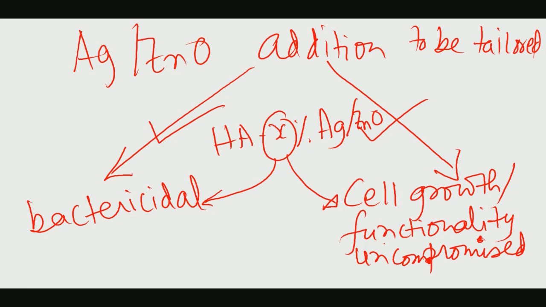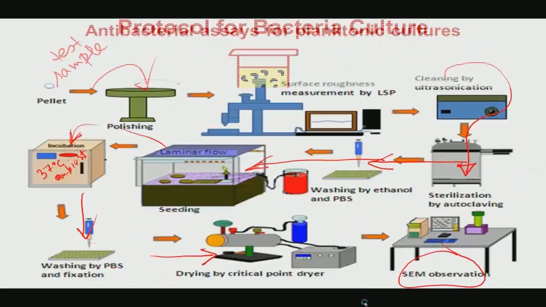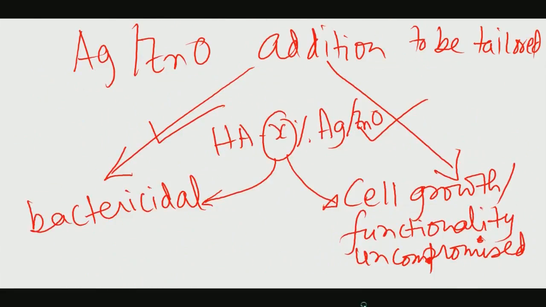So, this addition of silver or zinc oxide to induce bactericidal property should not in any way inhibit the cell growth or functionality on that particular substrate. These things need to be very carefully kept in mind while developing these kind of antibacterial materials.